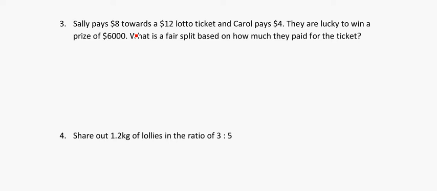Okay, so our ratio is $8 to $4. So 8 to 4 is our ratio of how they paid for it. So total number of parts is 12. So Sally's going to have 8/12 of the winnings, and Carol is only going to have 4/12 of the winnings.